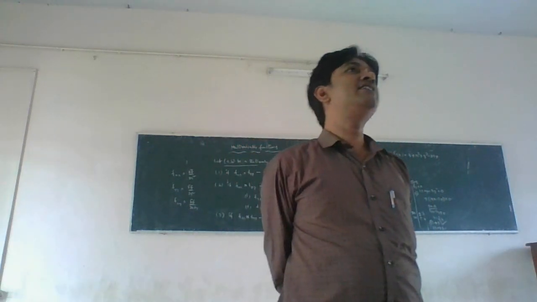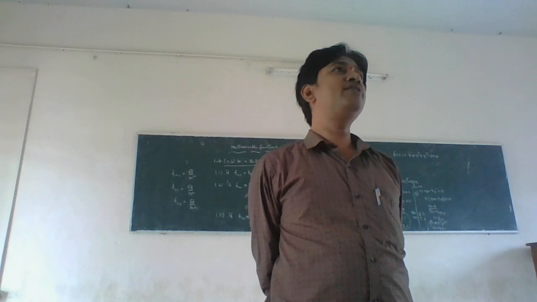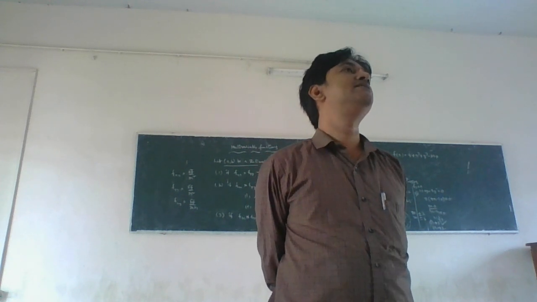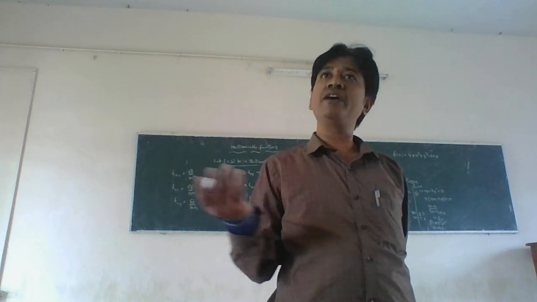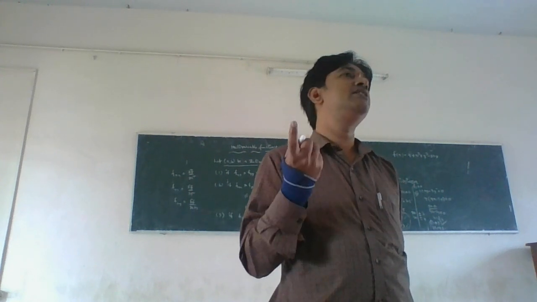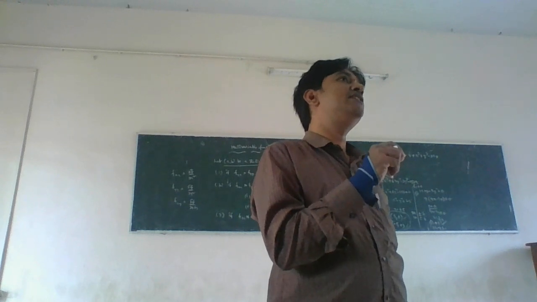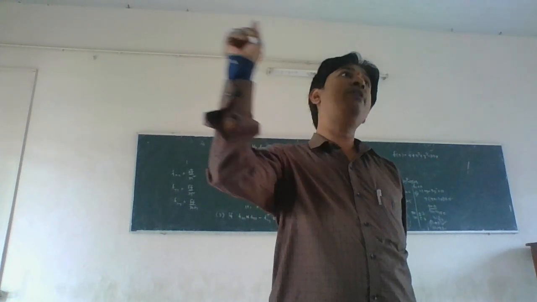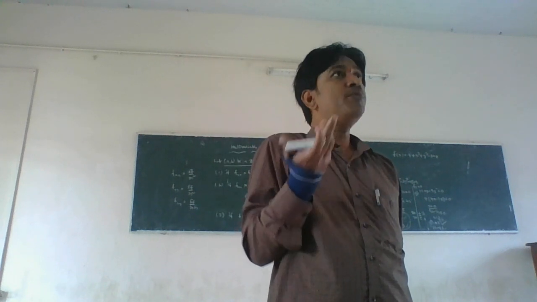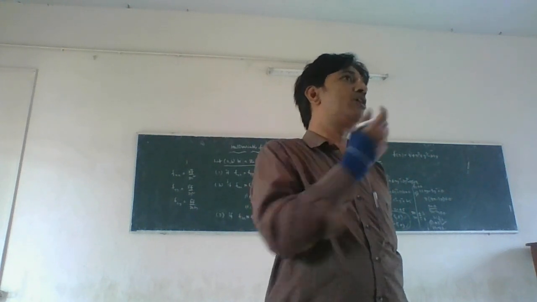If it is third order, the roots may be 3. I'm not finding the roots, I'm finding the points. It may have 3, it may have 4, it may have 1. Depending on the conditions, it will suffice. Because your f dash should be 0, then that point is a stationary point. There are so many cases where your f dash becomes 0 according to the function.